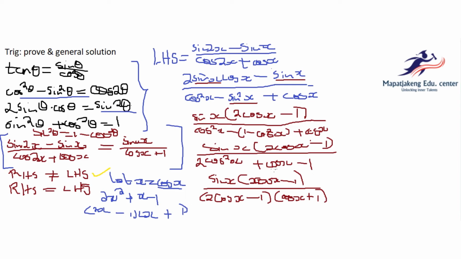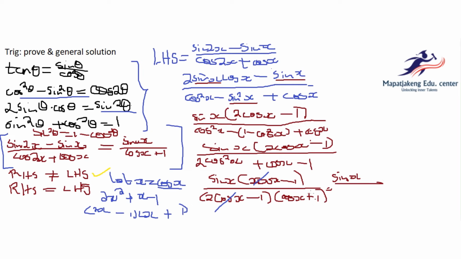But look at this, this is 2 cos x minus 1 and this is 2 cos x minus 1, and they are multiplying, so this and this becomes 1 and cancels out. Then you are only left with sine x above.